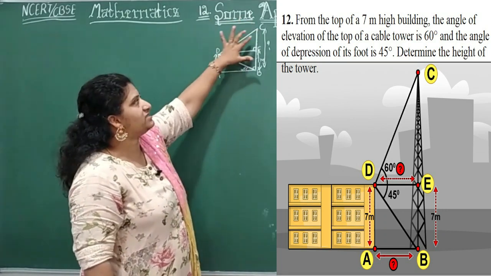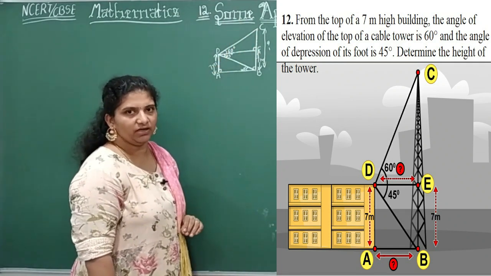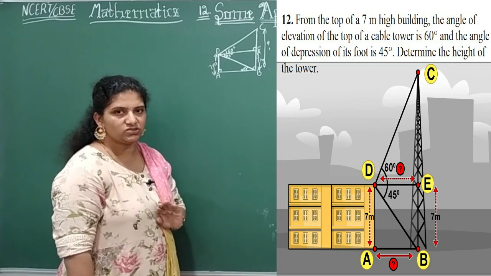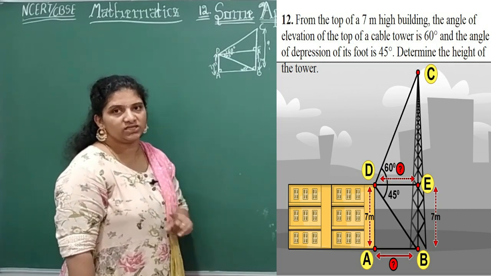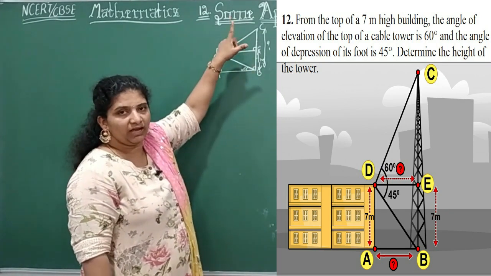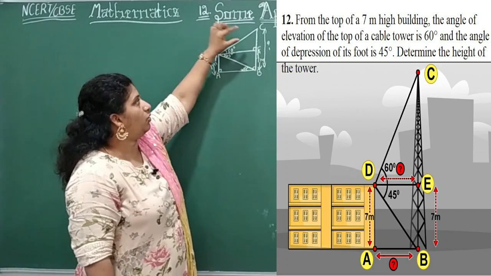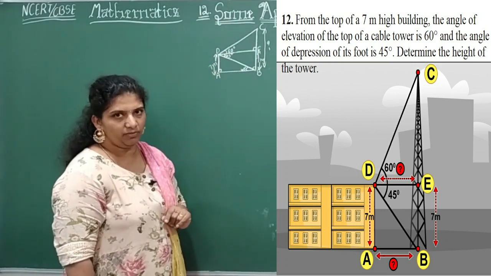At that place I may write H plus 7 as the total height of the tower. Any way you do, children, there is no problem at all. But which way you want to do, first you decide yourself. Are you assuming the full total tower to be H, or only this part to be H? You decide that and then start your problem.